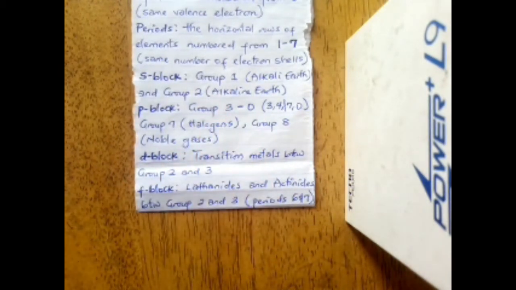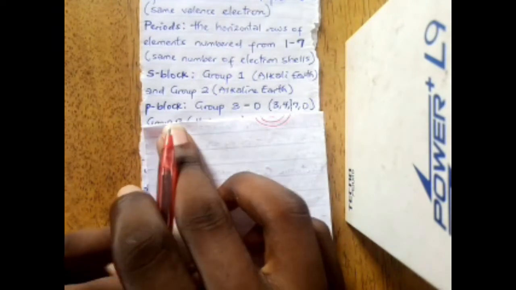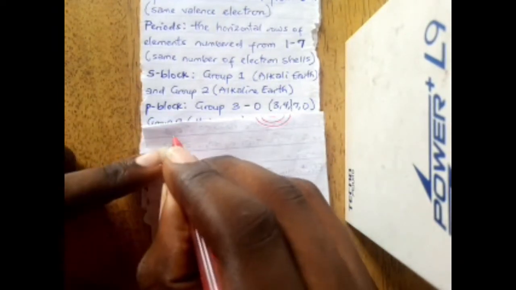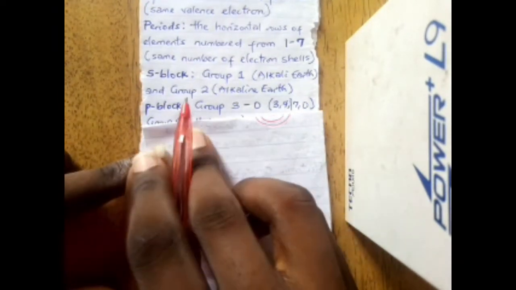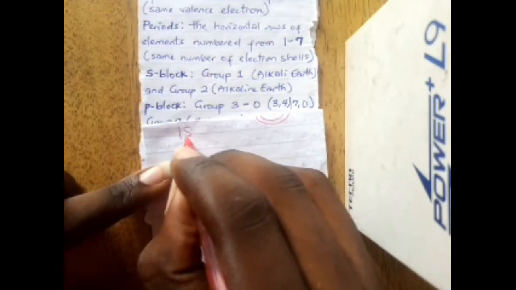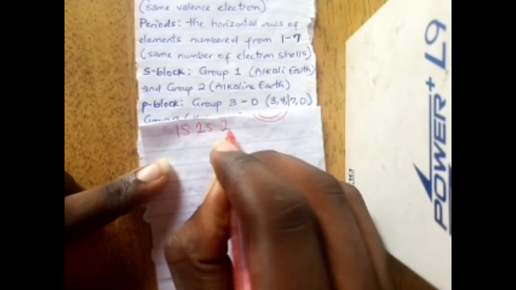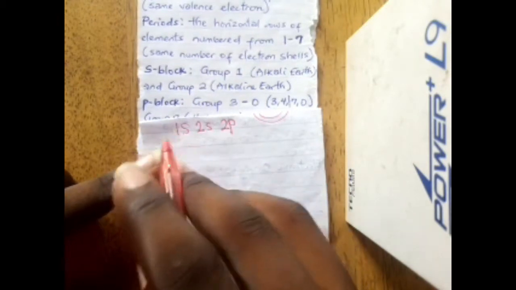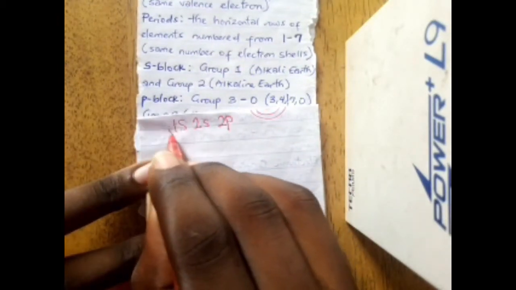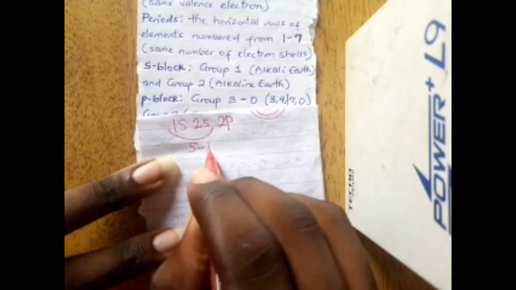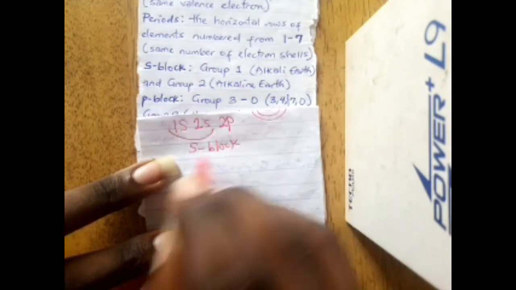The simple reason why they are referred to as the S block is because of their electronic configuration. You remember the Aufbau principle: 1s, 2s, 2p, etc. Group 1 and group 2 only have S block electrons.